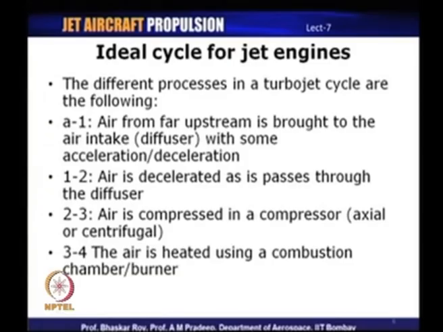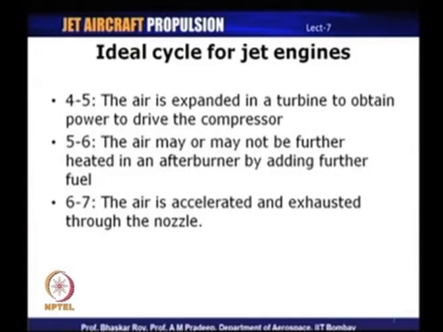And then the actual diffusion takes place, that is the internal diffusion or internal compression between stations 1 and 2. Compression occurs between stations 2 and 3, and we could have either an axial compressor or a centrifugal compressor. We will be discussing these types of compressors in detail later on. We then have the combustion process between stations 3 and 4, and 4 to 5 is the expansion in the turbine.